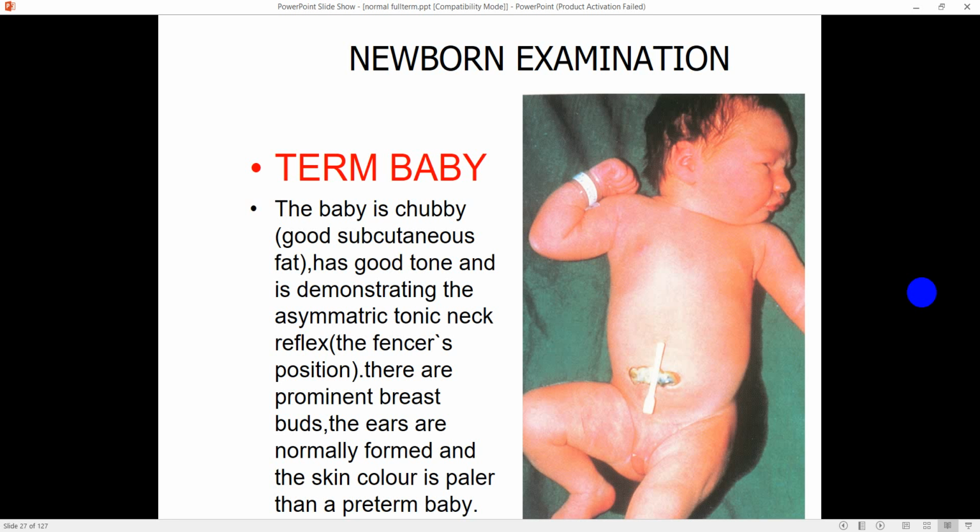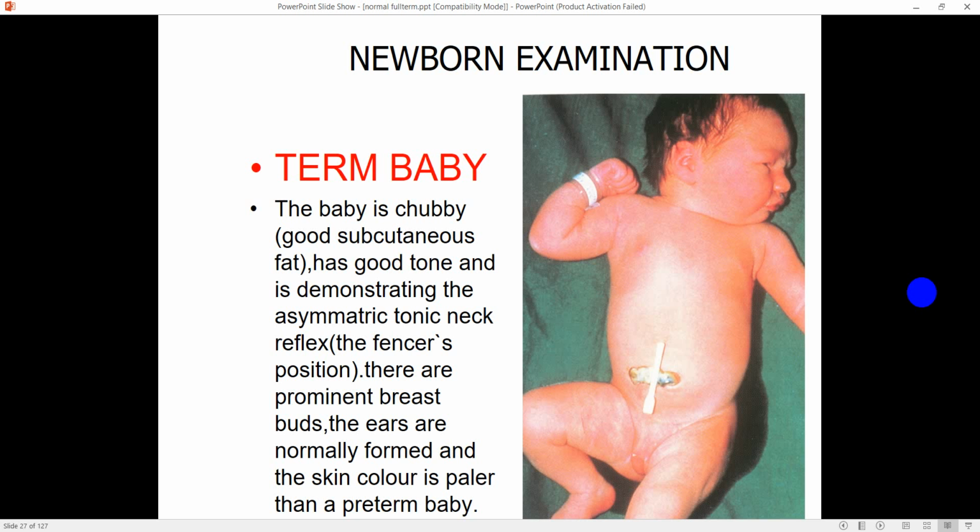In this position, he is demonstrating the asymmetric tonic neck reflex. He turned his head toward one side. There is flexion of the side opposite to the head, and extension of the side toward which the head is turned. This is called the asymmetric tonic neck reflex, which is normal in a full-term newborn baby.